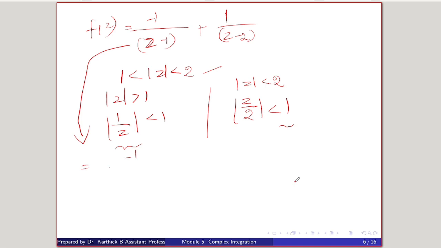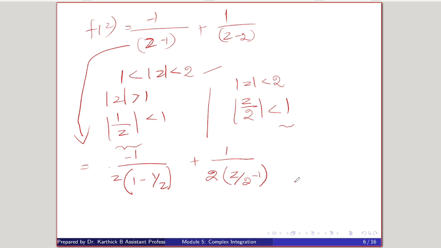So it has to become 1 by z. If I take z from this term, what will happen? 1 by z. And here, if I take the value, it should be z by 2. Now, if I take z by 2 from this term, then z by 2 minus 1 will be the resultant. So just see, here it should be z by 2 minus 1.